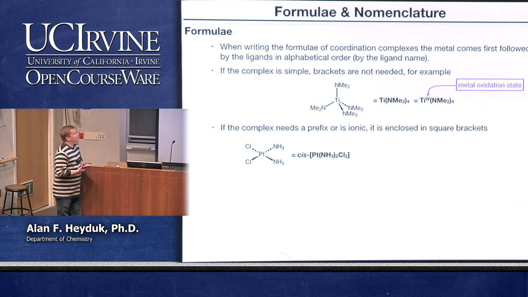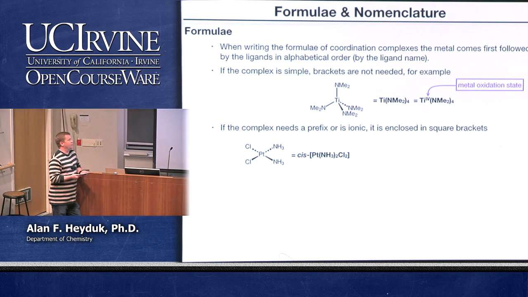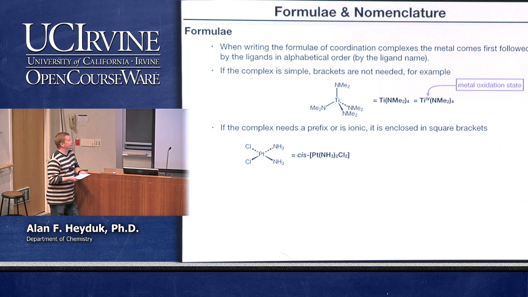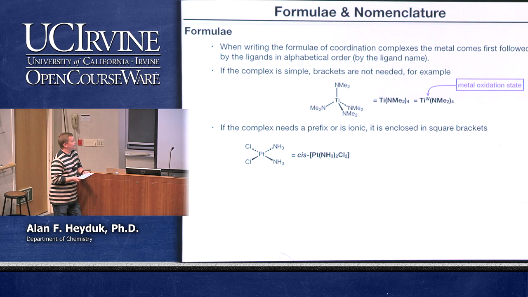If the complex needs a prefix or is ionic, we use square brackets. So here's our cancer drug, cisplatin. So just like with an organic compound, you have to give the regiochemistry. You have to give that cis in order to tell everybody that the chlorides are related to each other by 90 degrees and the ammonia ligands are related to each other by 90 degrees.